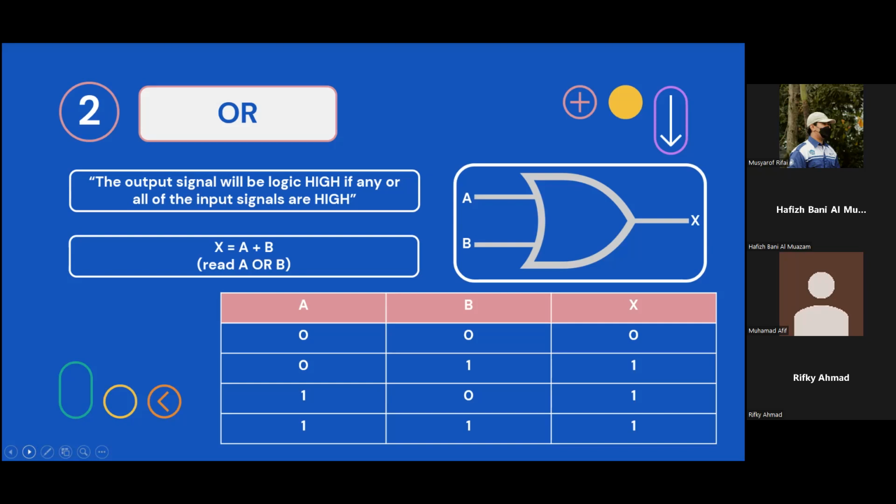If A is 0 and B is 1, then X is 1. If A is 1 and B is 0, then X is 1. And last, if A is 1 and B is 1, then X is 1. Next slide, Mas Asrof.